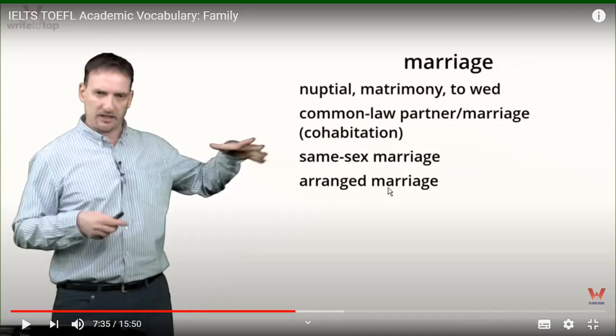Arranged marriage. I think you know this phrase very well. Do you know this word? Arranged marriage is if your parents choose your future husband or your future wife for you.